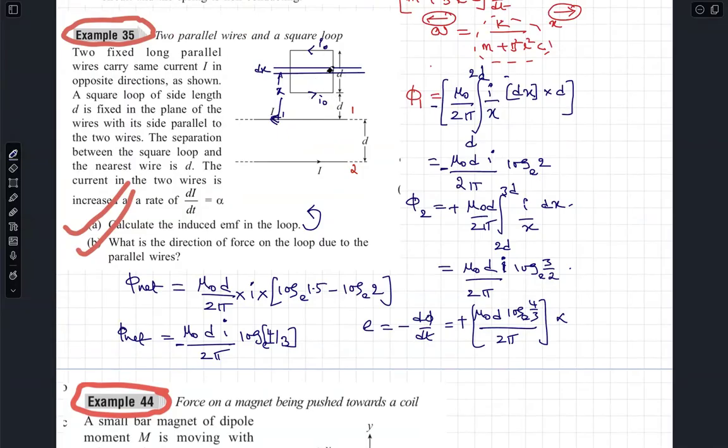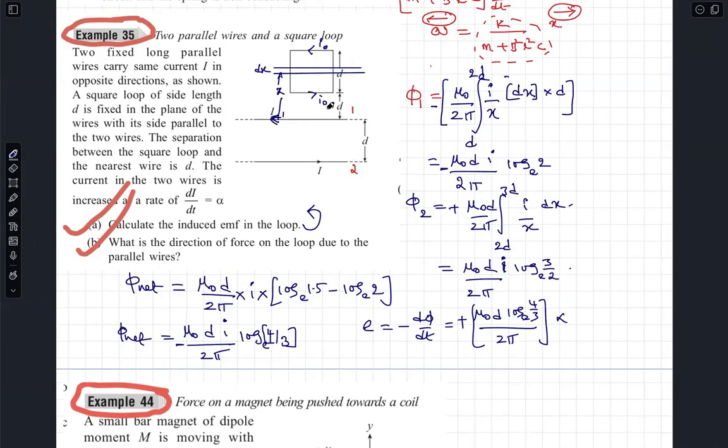So obviously, due to the first wire itself, what will happen? Repulsive. Net is repulsive. The second wire is very far. Please try to understand, the influence of the second wire on the loop is less when compared to the influence of the first one on the loop.